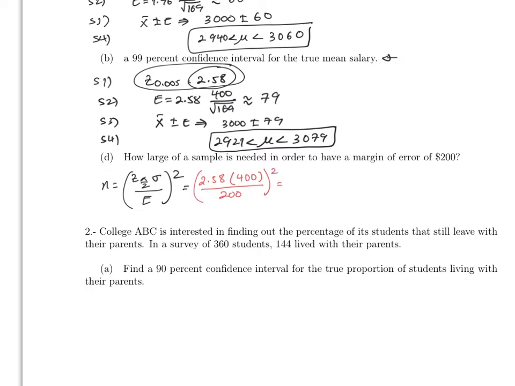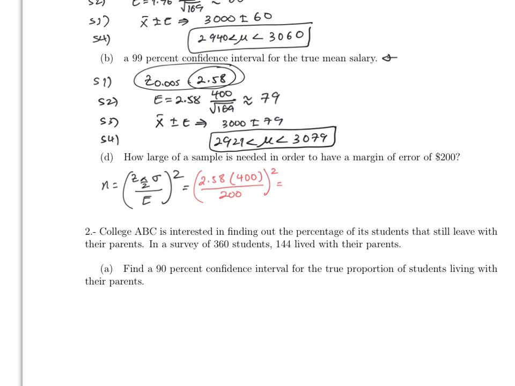And then all of this will be squared. So this over this is 2, so it's technically just 2.58 times 2, and then you square. So how much is that? I got 26 point something.